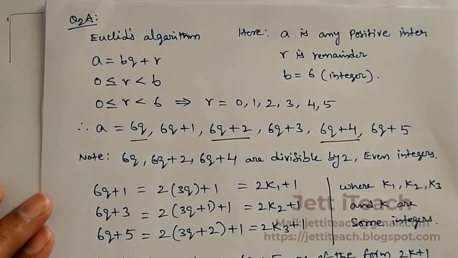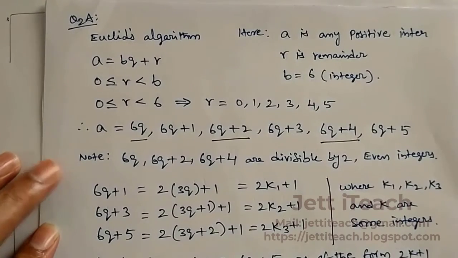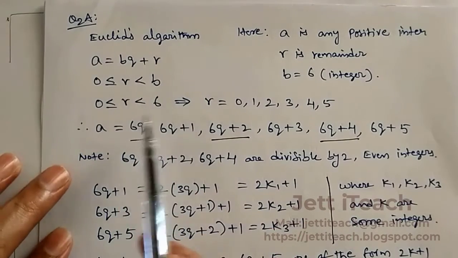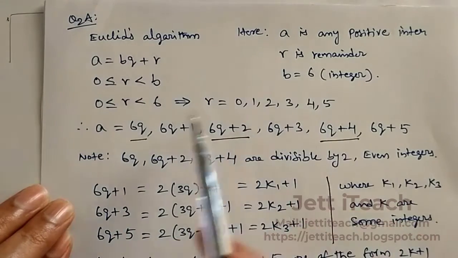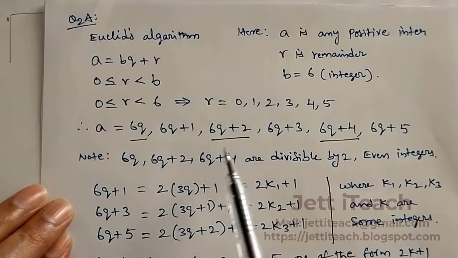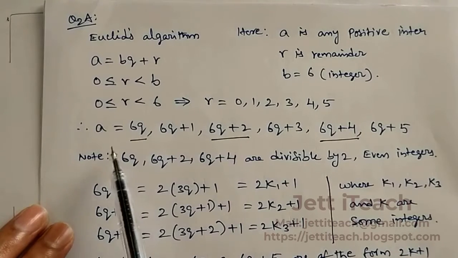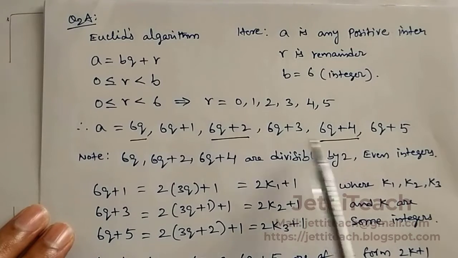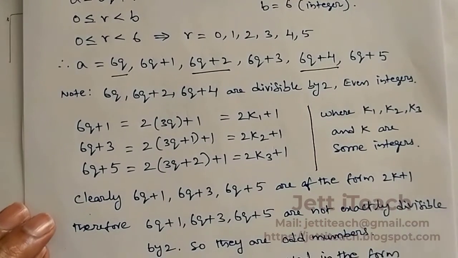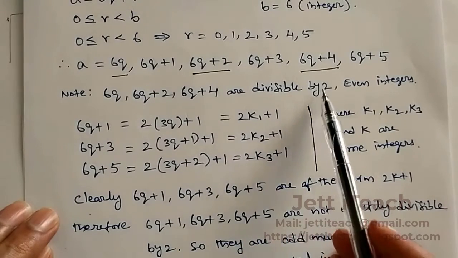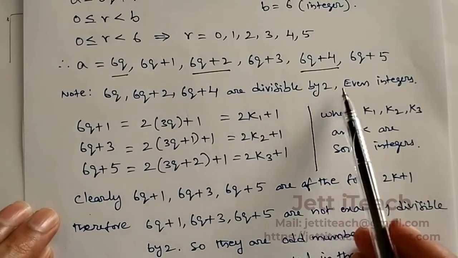Okay, have a look at this. I have used Euclid's algorithm, and then I have taken b as 6. I wrote all values of r. Based on that, I wrote the value of a for each and every value of r. In the question they are given as odd integers, so I have eliminated even integers.